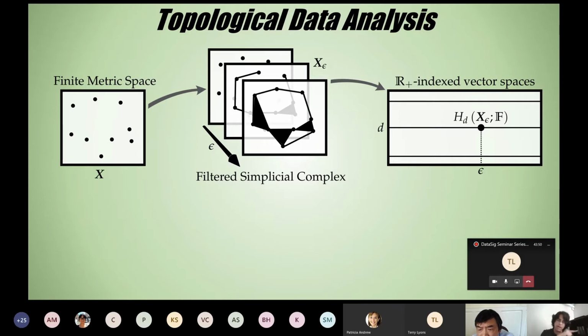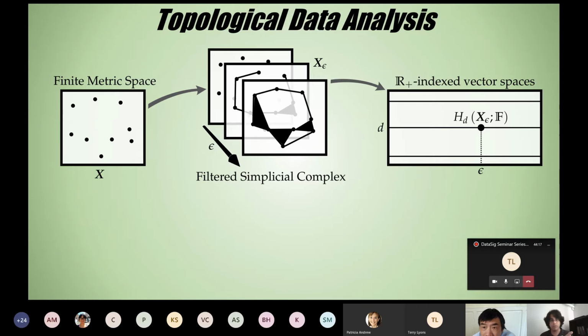So this is going to be a 1-parameter family of vector spaces with coefficients in some field. That's what the F is over here. And these are capturing interesting properties of the shape that gets generated as you change epsilon. The two that are most familiar are H0. H0 is just counting the number of pieces you have.